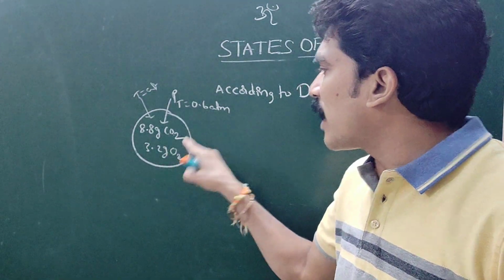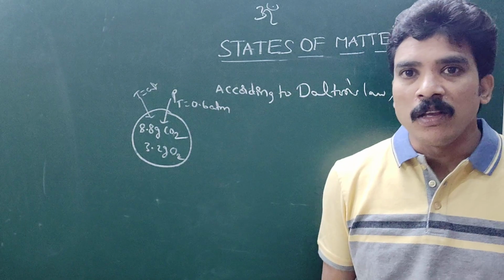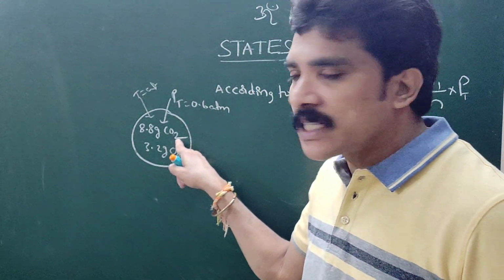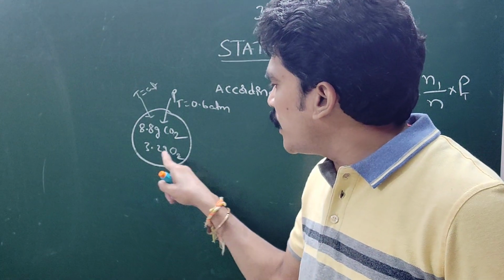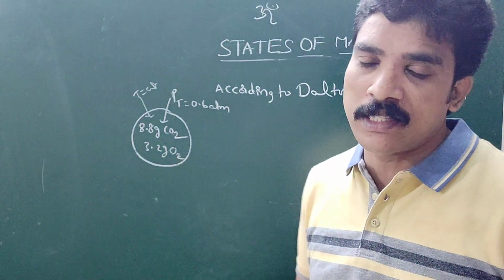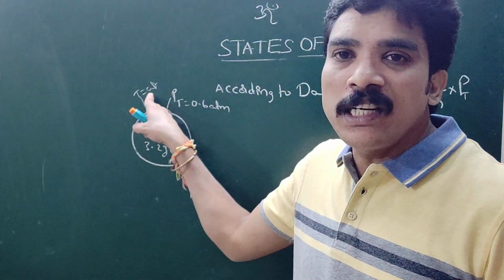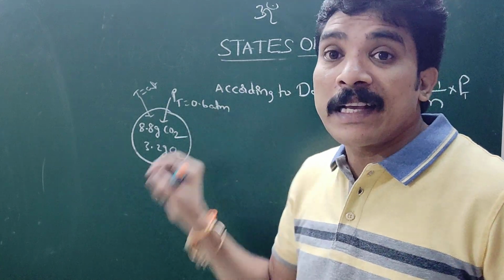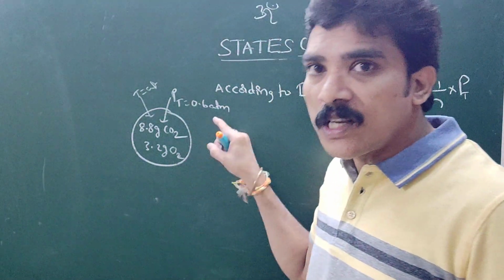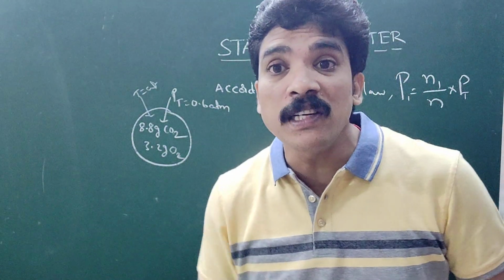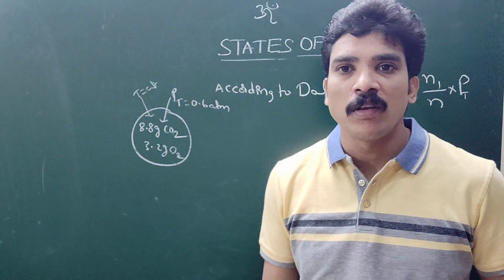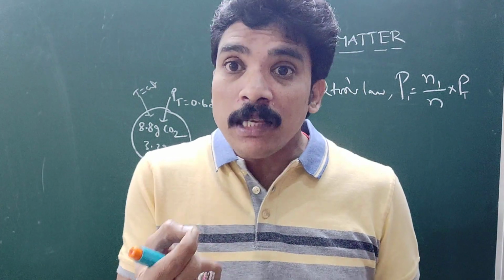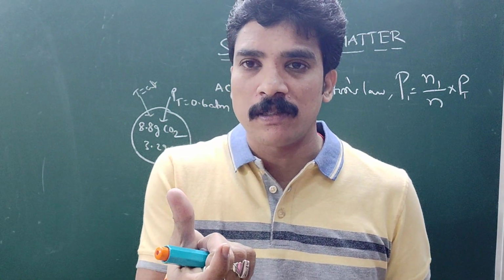A vessel contains 8.8 grams of carbon dioxide and 3.2 grams of oxygen gas at a constant temperature, and the mixture exerts a total pressure of 0.6 atm. Then find the individual pressures, nothing but the partial pressures.